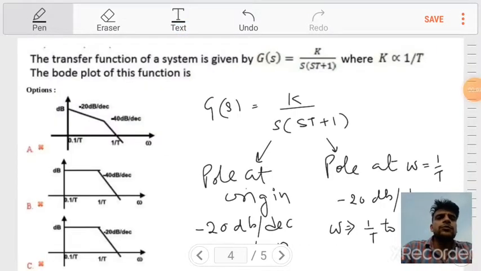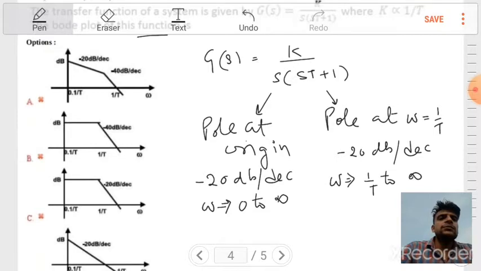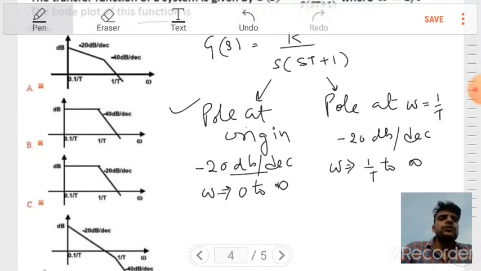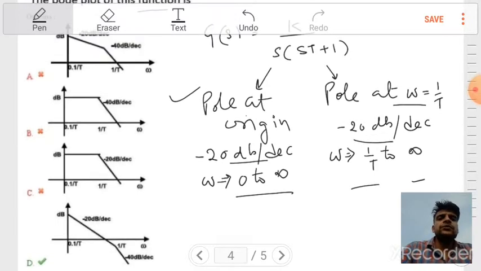In the next problem, a transfer function is given and we have to find the Bode plot of the function. So G(s) is equal to K upon s(sT plus 1). Here one pole is at origin, so a minus 20 dB per decade asymptote will flow from omega equal to 0 to infinity, and one pole at omega equal to 1 upon T, so a minus 20 dB per decade asymptote will start from omega equal to 1 upon T to infinity.